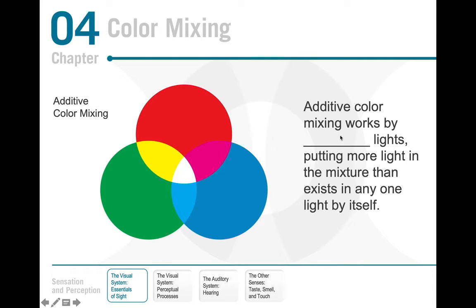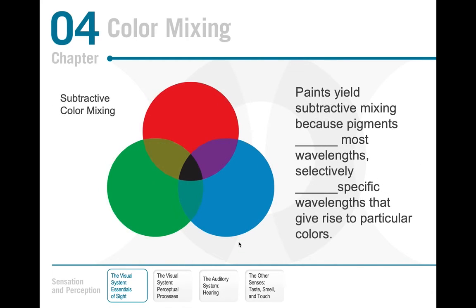Additive color mixing works by superimposing lights, putting more light in the mixture than exists in any light by itself. So if you shine red and green and blue spotlights, that gives you a mixture that makes a white color. If you mix red and green wavelengths and superimpose those two, you get yellow, and all the different combinations.